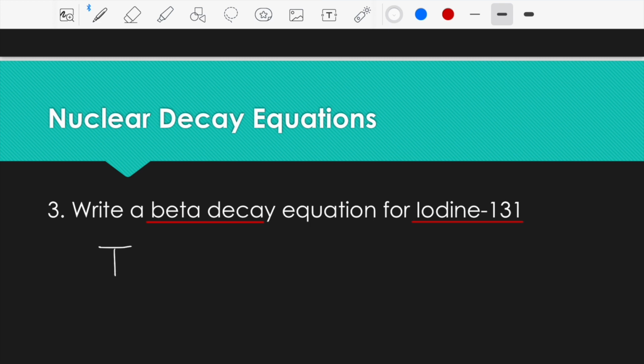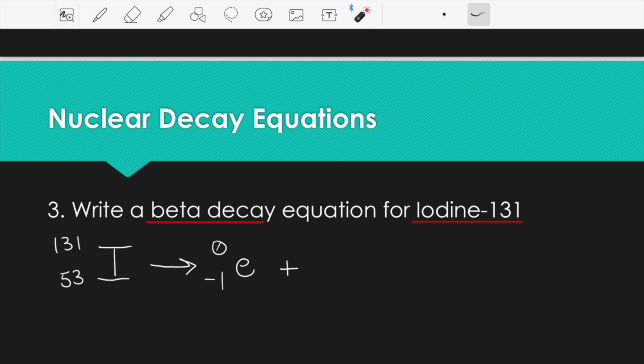So I'd start with my I, atomic number 53, and then its mass number is 131. It's undergoing beta decay, so the first thing I'm going to write is the symbol for a beta particle. There's my beta particle. Last thing to write is the daughter nucleus.